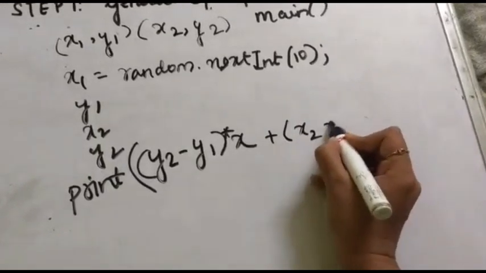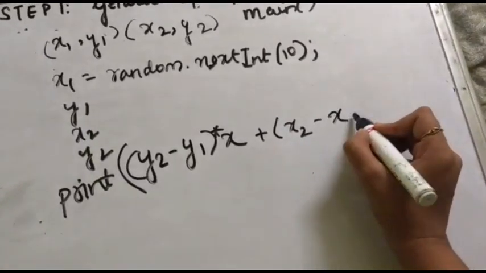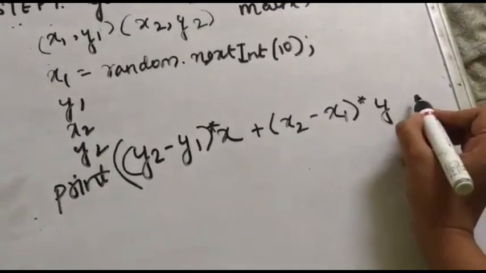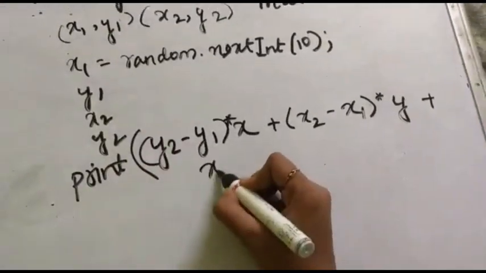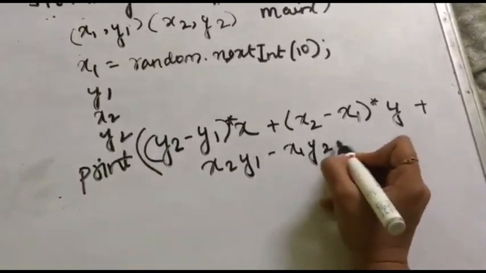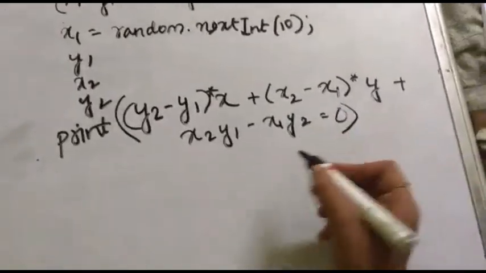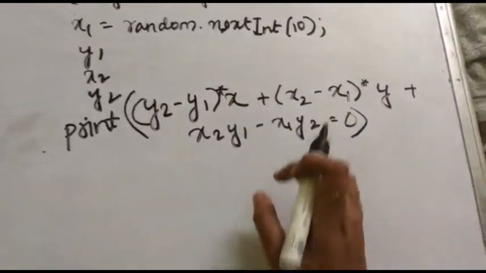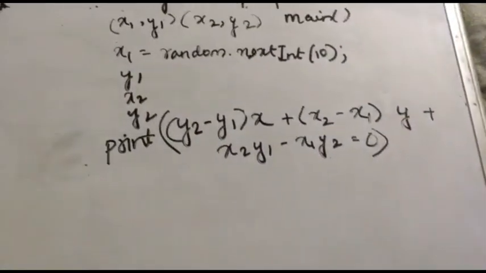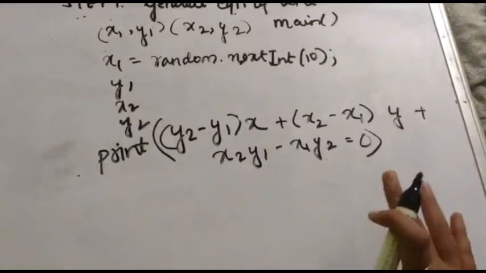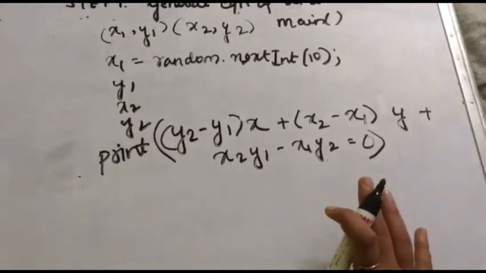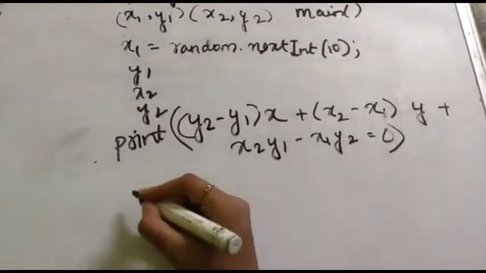Plus (x2 minus x1) y, plus x2 y1 minus x1 y2. Now this is giving us the equation of the line, which will be printed on the screen, and for our convenience it's not even necessary to put the asterisk symbol over here, because we are just making it convenient for ourselves. So we have generated the equation of the line, and now we want a point.